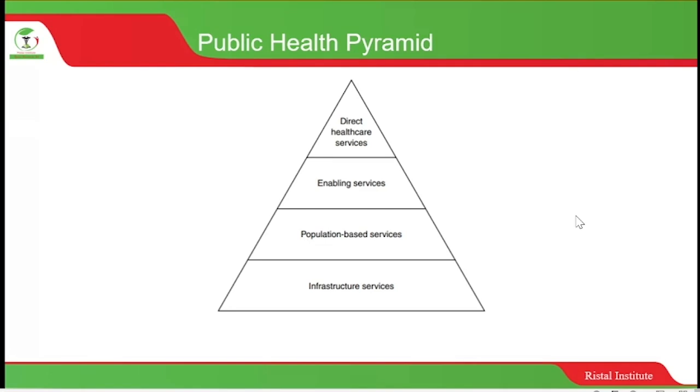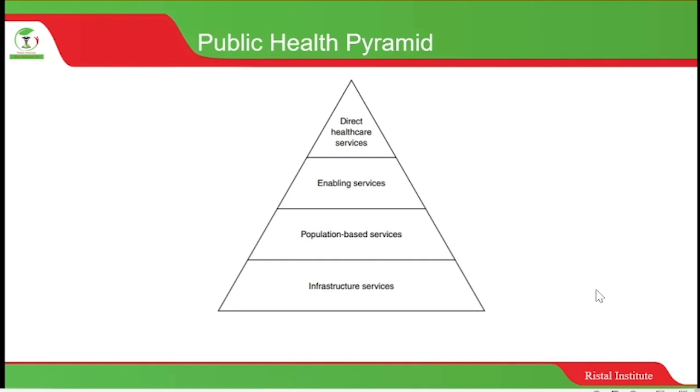And this data can be analyzed and the findings can be used for decision making. So that is the infrastructure services. Then two, when we go to number two, we have population-based services.